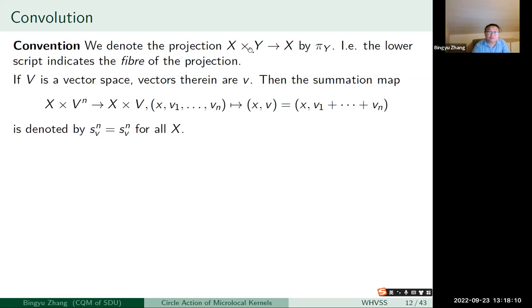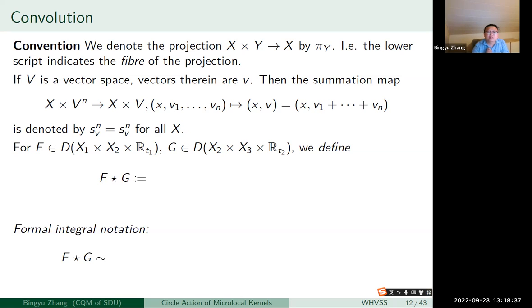It's like some integral. If it's a vector space, we define the summation map by s_n, where n means that we have n copies. Now, if we take two sheaves, one over x1, x2, t1, and the second one over x2, x3, t2, then we define the convolution to be the sheaf over x1, x3, and t1 plus t2.